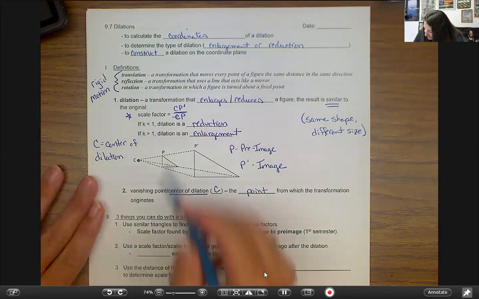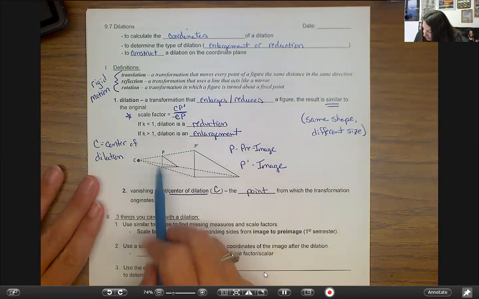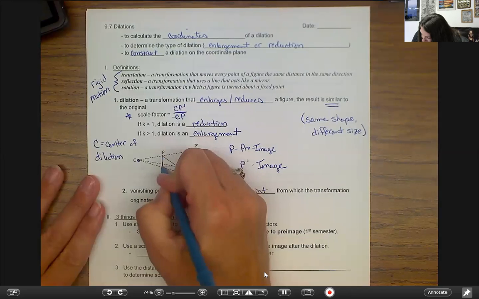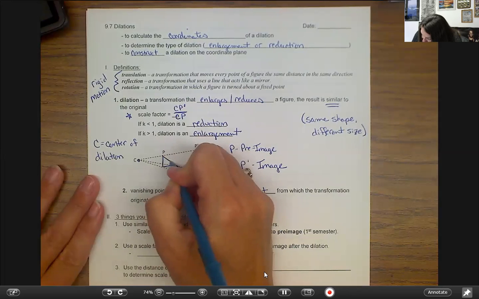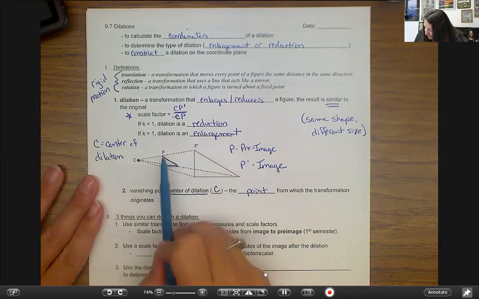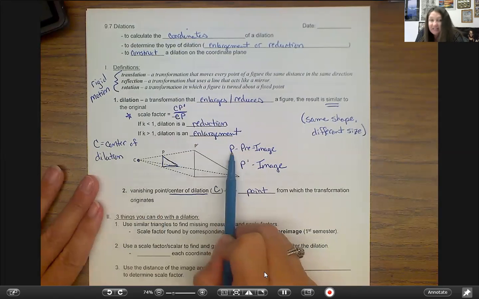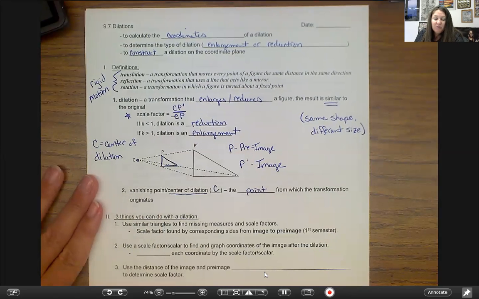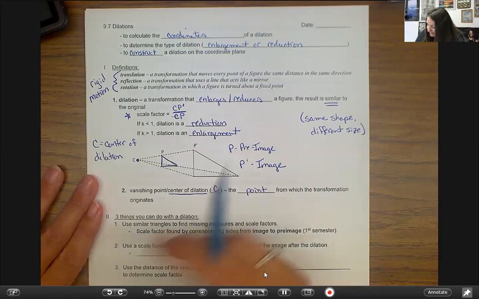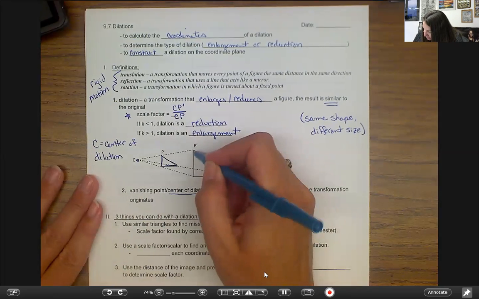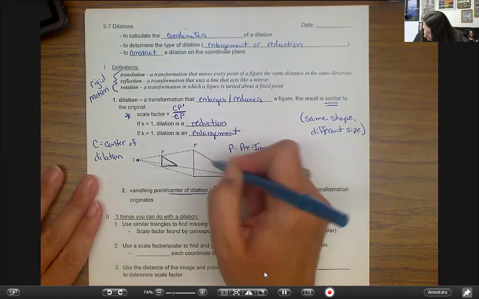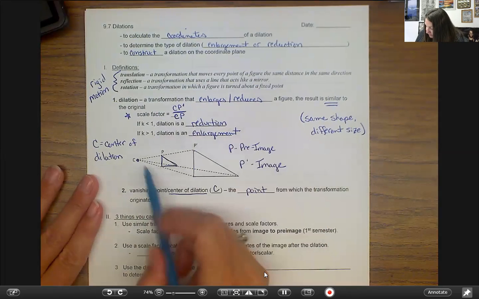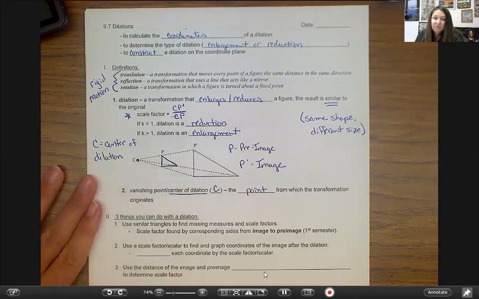In this case then, I see my image right here. So this is my original figure. I can tell that because it's marked with just a P. We then applied a dilation, and you can see that your shape is now larger, and it moved further away from that center point.